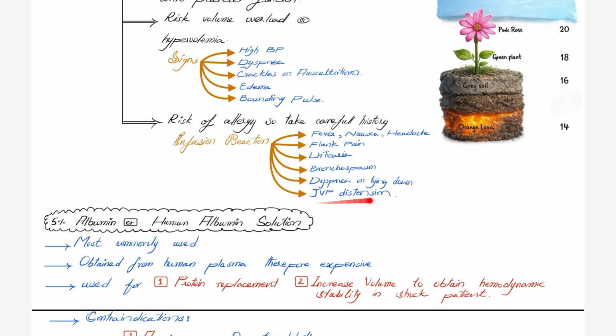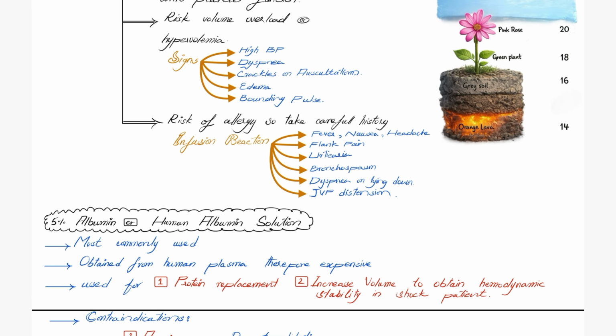In fact, jugular venous pressure is the mean right atrial pressure, which is normally 5 millimeters of mercury or 7 centimeters of water, and this increases in fluid overload, right ventricular failure, pericardial effusion, or tricuspid valve disease. So if you see that the JVP rises or is distended, then think that it could be because of allergy to colloid.